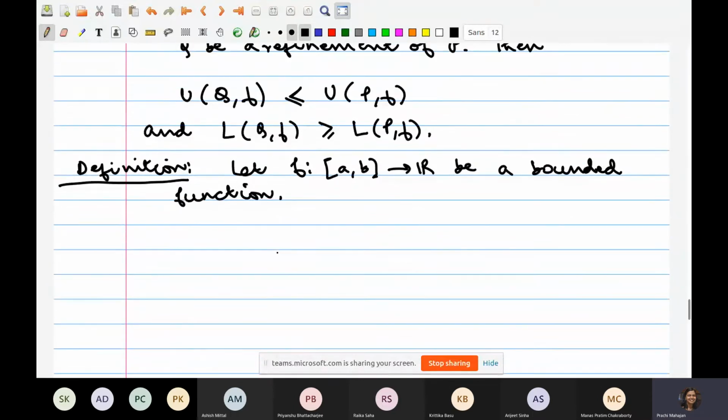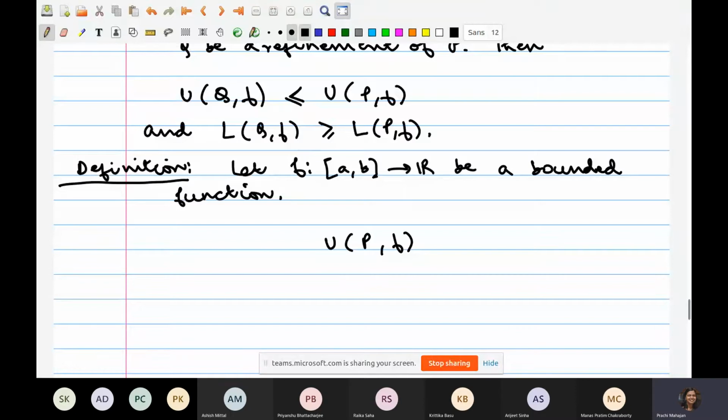So let's look at P, a partition of the interval AB, and let's consider the upper sum corresponding to the partition P. As we add more and more points into the partition P, you get a finer and finer partition. And these upper sums, U(P, f), as we saw in the picture above, contain the area under the graph of f.